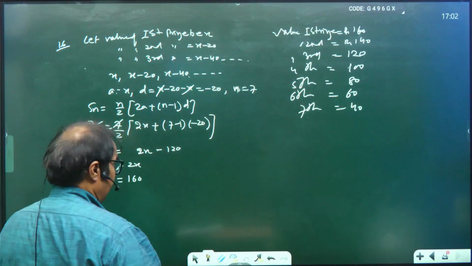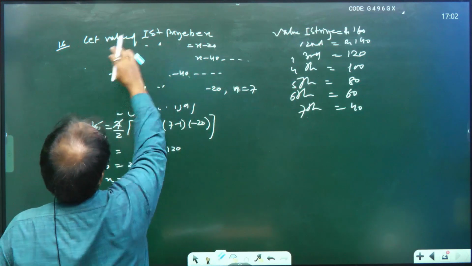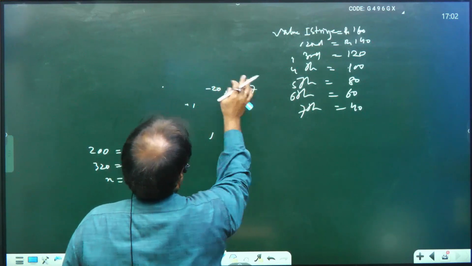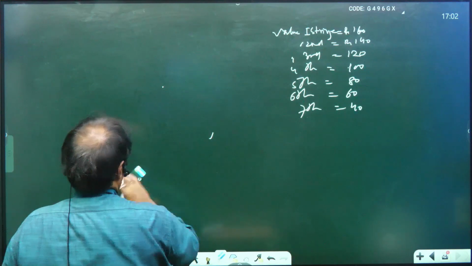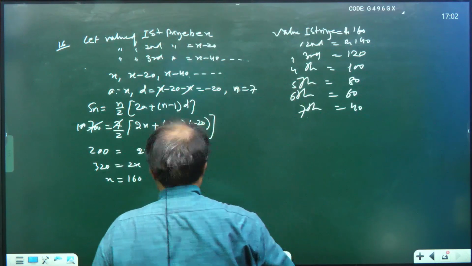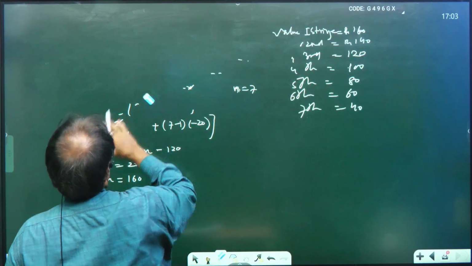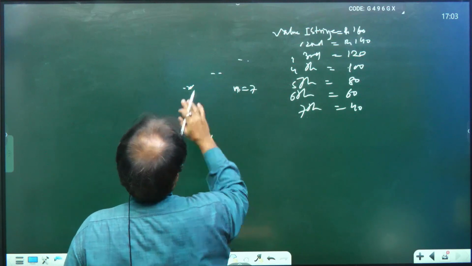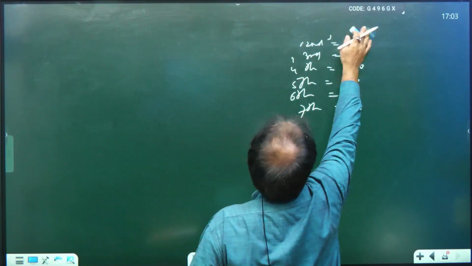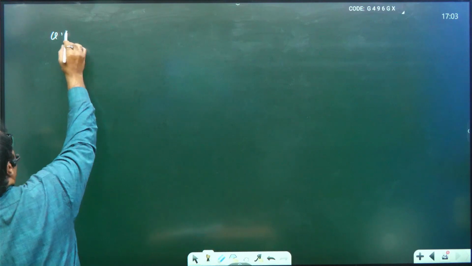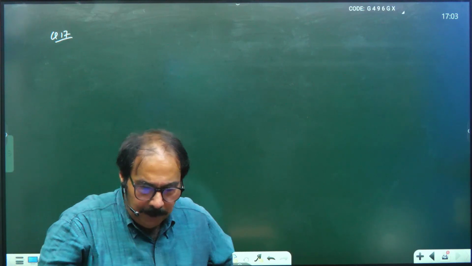Next, question number 17. In a school, students planted trees in and around the school to reduce air pollution.